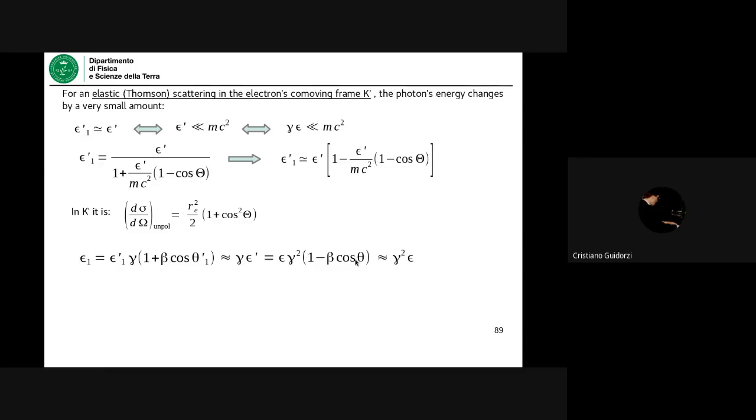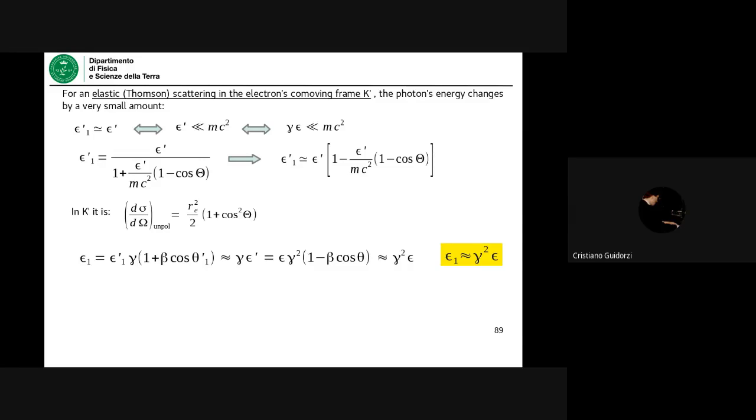On average, we are comparing two quantities in the lab frame: the final energy of the photon, epsilon 1, and epsilon, the initial energy of the photon. You see that the net result, on average, is a gain of a factor of gamma squared. And since we are talking about ultra-relativistic electrons, gamma can be of orders of magnitude 10, 100, 10 to the third, 10 to the fourth. So the energy gain experienced by photons can be very, very large, by a factor of gamma squared.